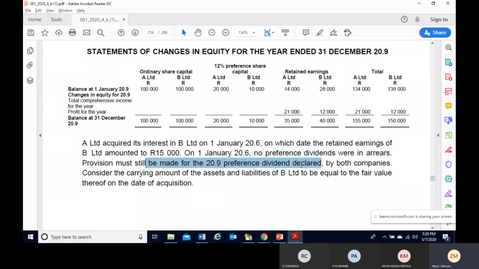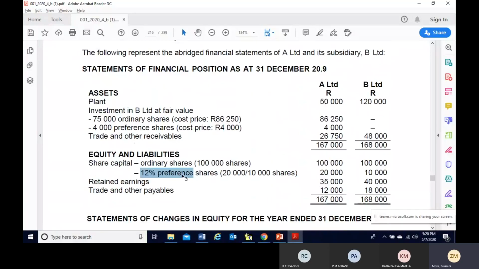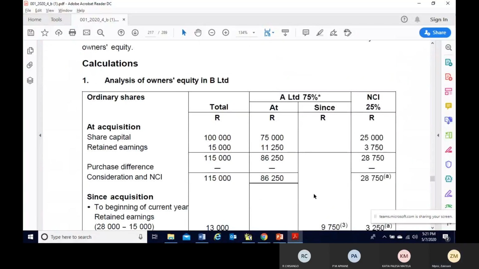Provision must have been made for the preference dividend declared by both companies. So where do we go and look for the preference dividend declared? The preference that must be declared is 12% preference shares, which means that is 12% multiplied by 10,000 for BLTD. For ALTD it is 12% multiplied by 20,000.